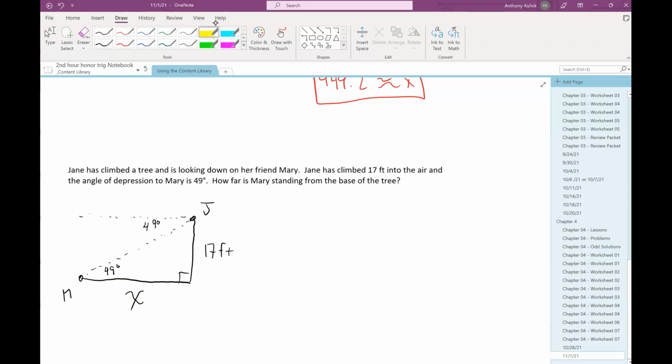Again, we're going to be using SOHCAHTOA. So relative to this angle, we know the opposite side, and we're looking for the adjacent side. So we can use tangent.